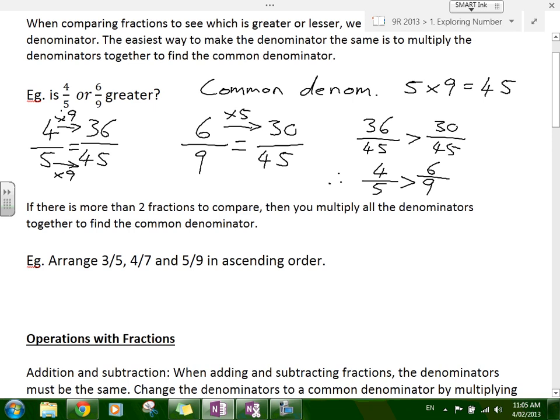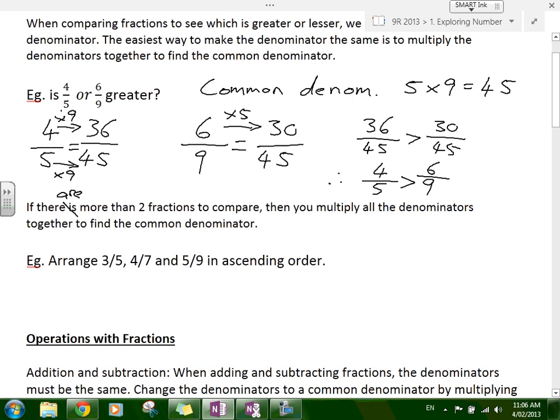Now, if there are more than two fractions to compare, then you multiply all the denominators together to find the common denominator. If you have 3, like in this example, we have 3 over 5, 4 over 7, and 5 over 9. Arrange them in ascending order.